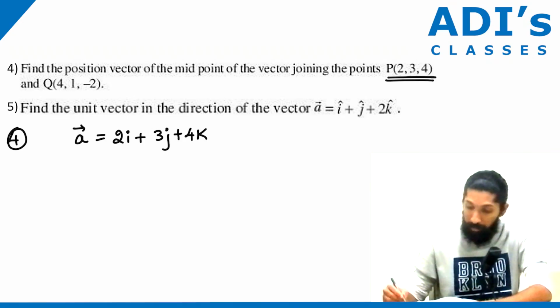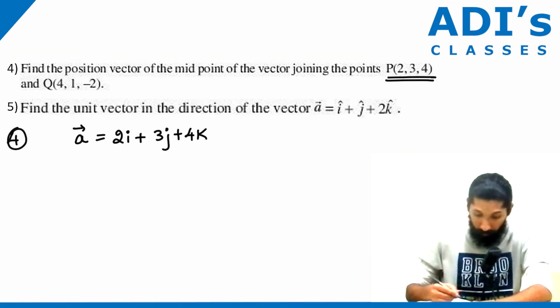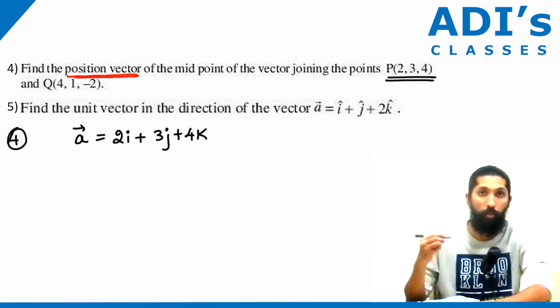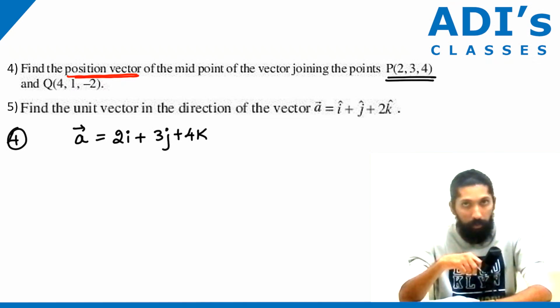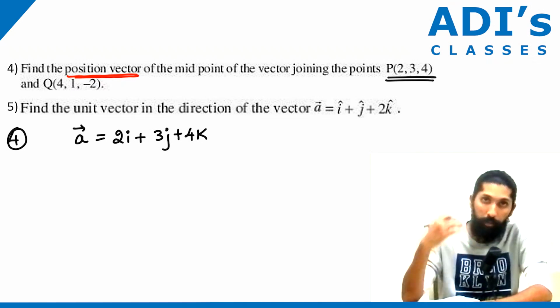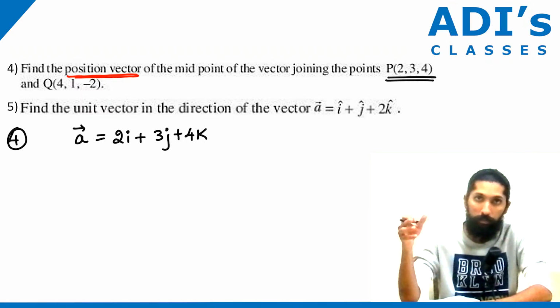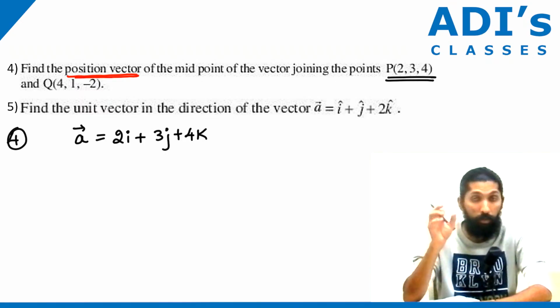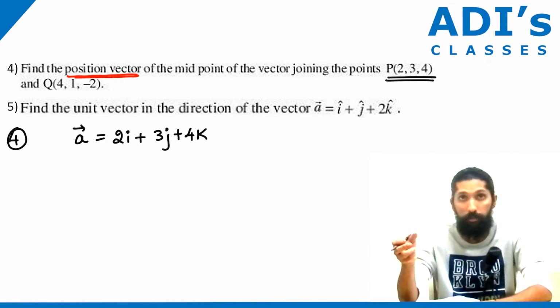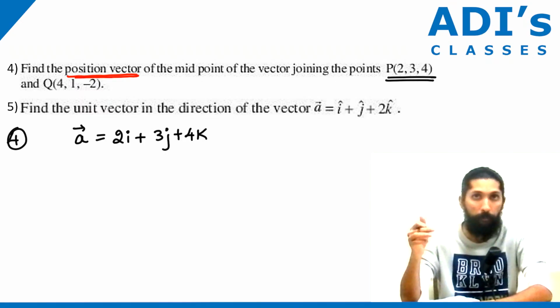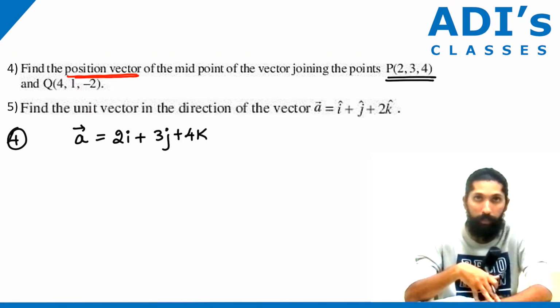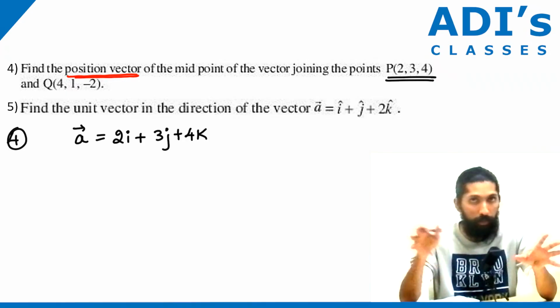But I want you to see the question very carefully. Position vector. Okay, so one, you can convert the points into vectors in the beginning, or find the midpoint. After finding the midpoint, get the value of the vector, because you will get the answer in terms of points when you calculate the midpoint. From that also you can convert to vector. Makes no difference, it's one and the same.